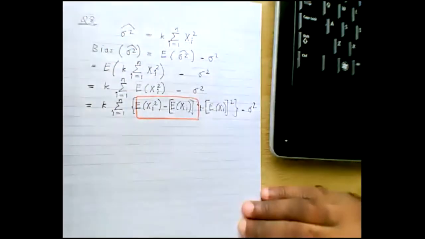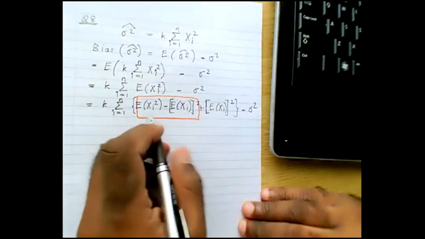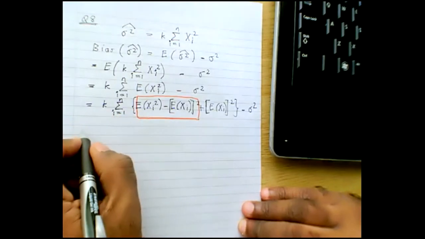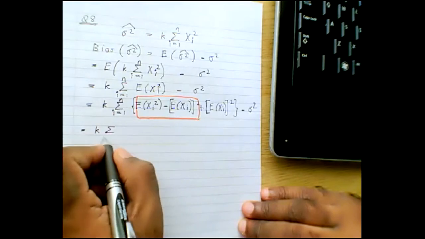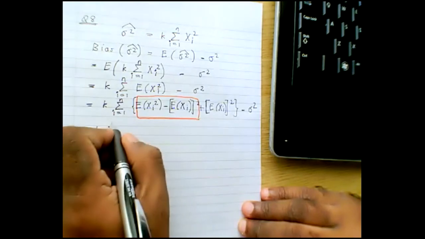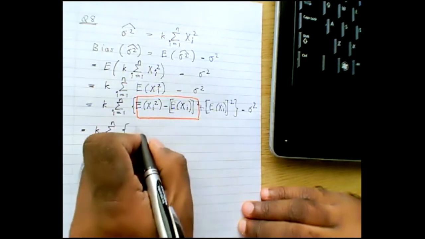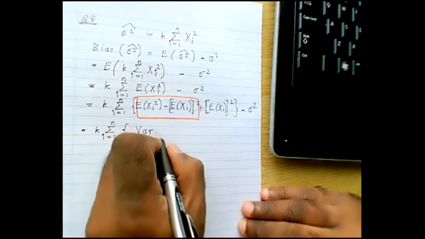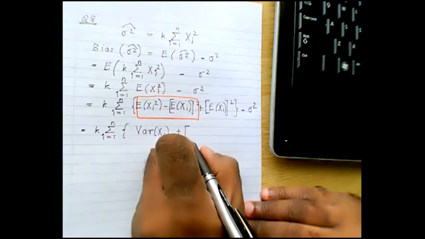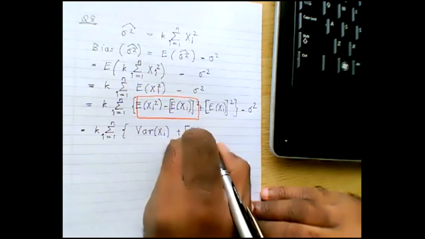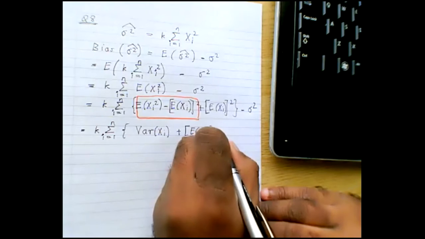It's the variance. Exactly. It's the variance of xi. So what you have is the following. You have the variance of xi plus the square of the mean of xi. This is the mean, remember.